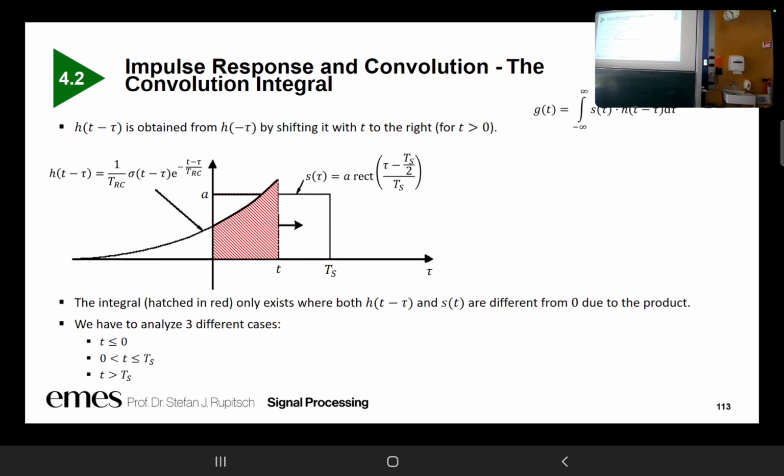Then we have a region where our impulse response is inside our rectangular input signal, but there is no part of the leading area of our impulse response outside of this rectangular part. And in the third case, we have such parts which are outside. And this we want to discuss now.